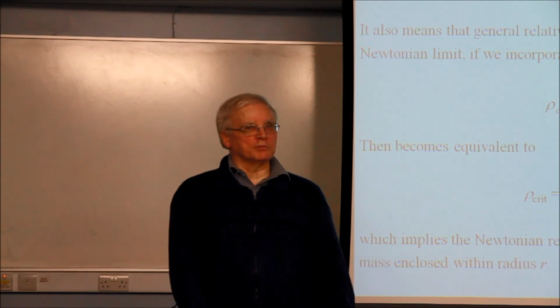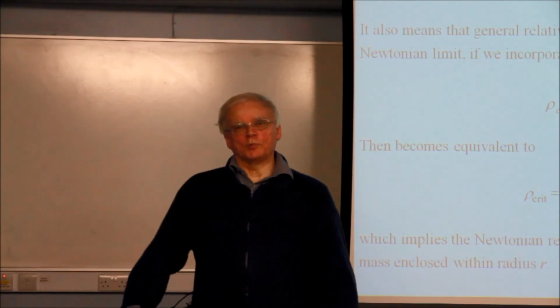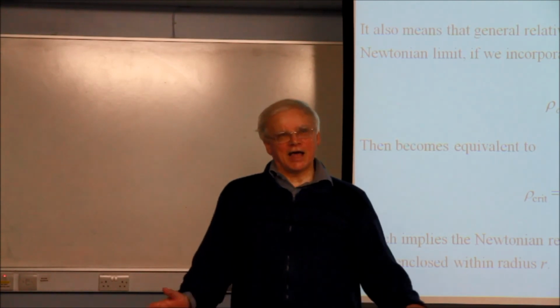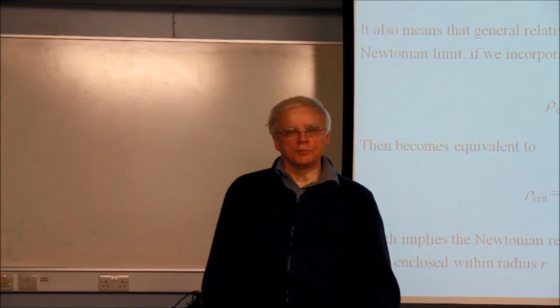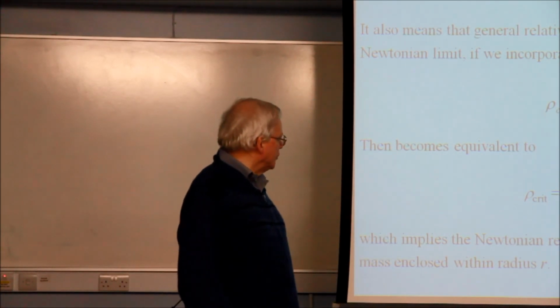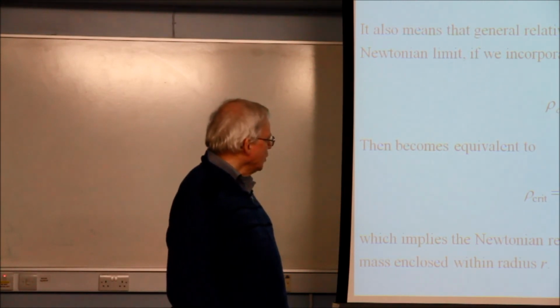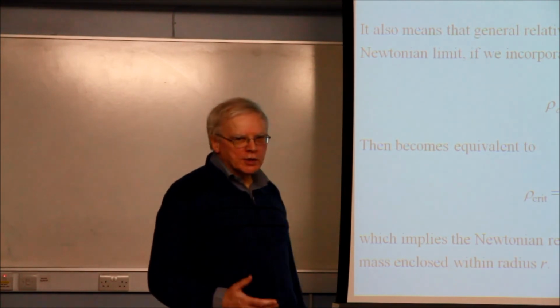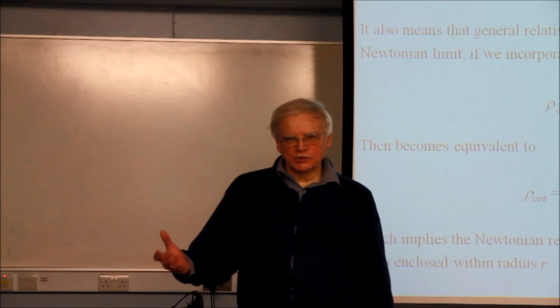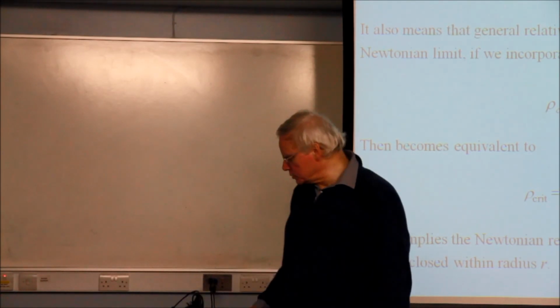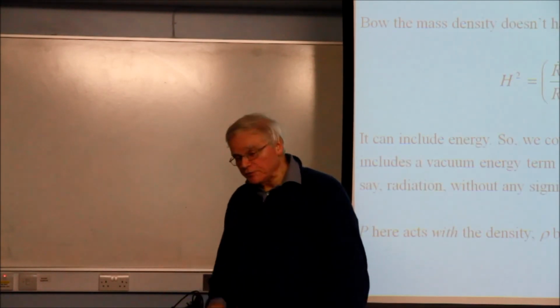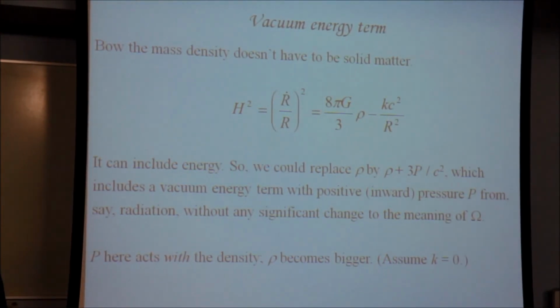So it's simply potential energy equals kinetic. But the potential energy includes the energy of the universe as well as the pure inertial mass. So m is the total mass, not the invariant mass, the relativistic mass.